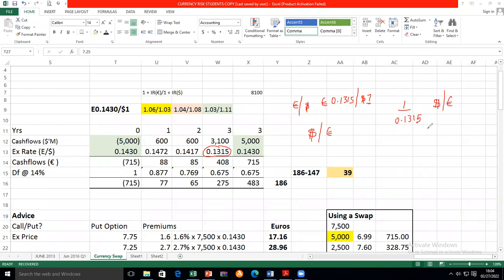Can you please divide for me? This divided by that, what do you get? 7.6.